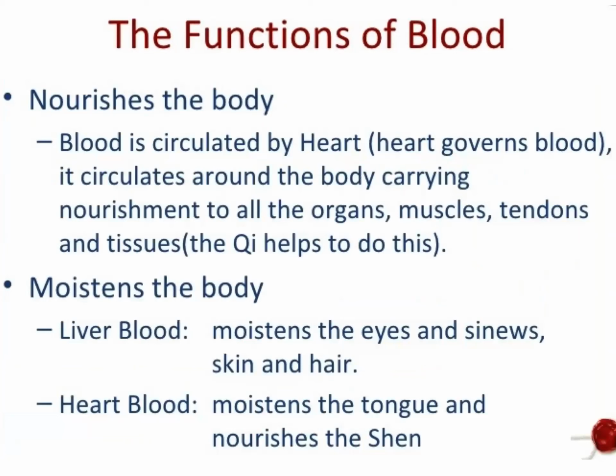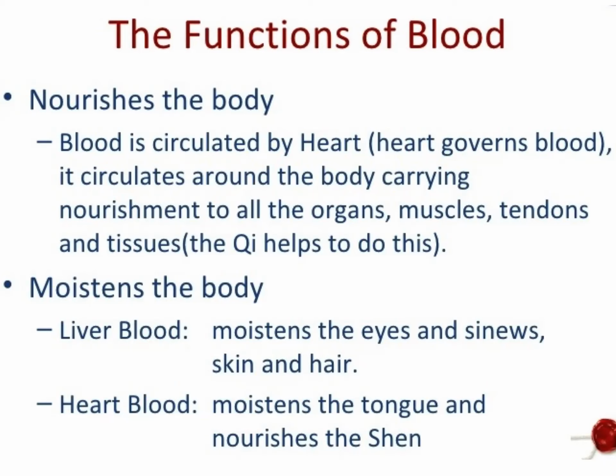For the functions of blood, first, blood nourishes the body. Blood is circulated by the heart, which governs blood. It circulates around the body, carrying nourishment to all organs, muscles, tendons, and tissues. And the qi helps blood to do this. Second function is it moistens the body.